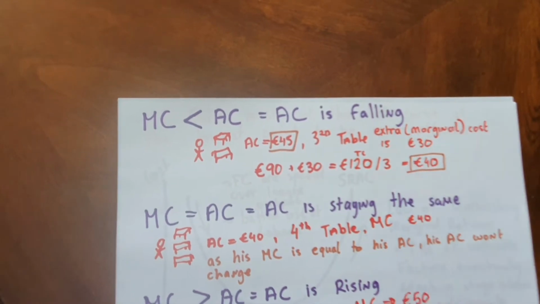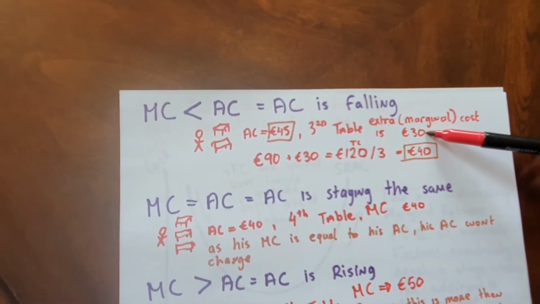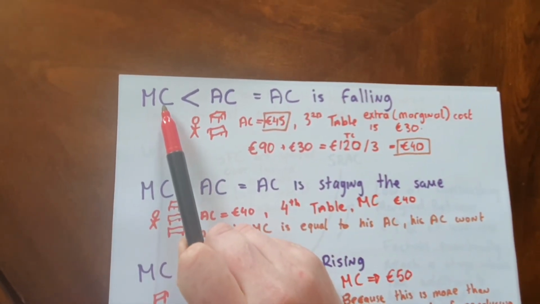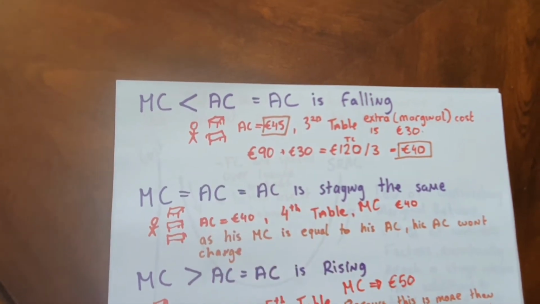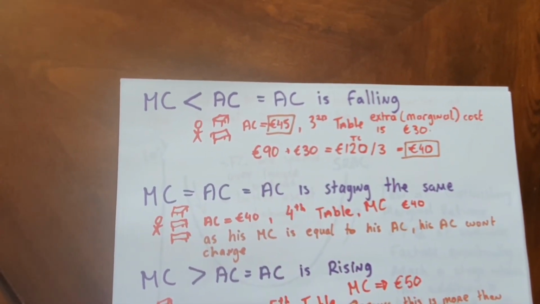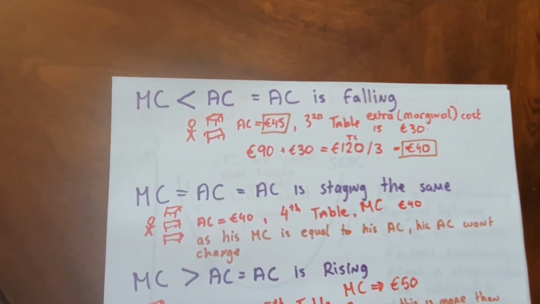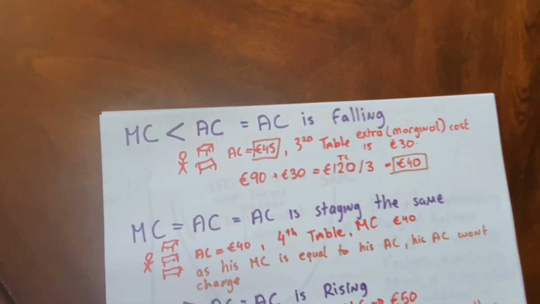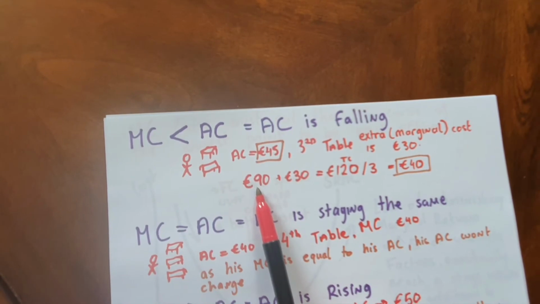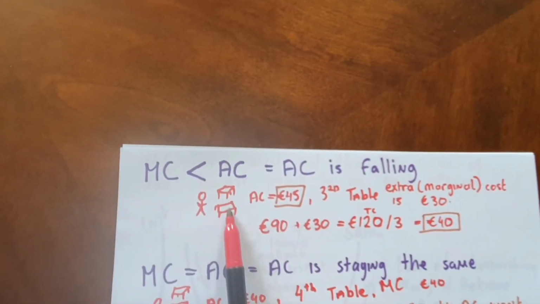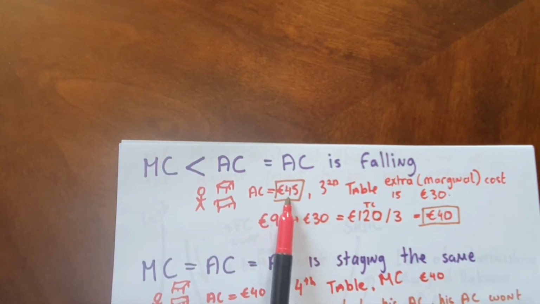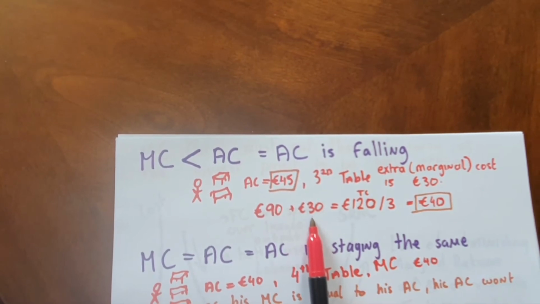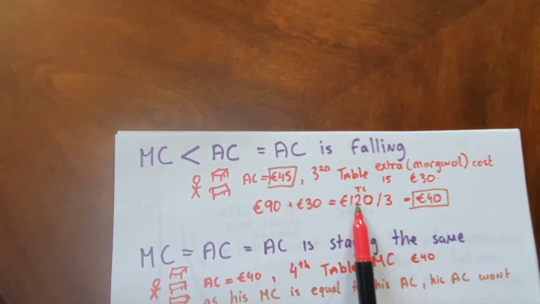So what does that mean? His marginal cost is 30. His average cost is 45. So his marginal cost is less than his average cost. That means that if he wants to make a profit, he can produce that table. To work out his new average cost, it's going to be our €90. Where do we get 90 from? He's currently making 2 tables with an average cost of 45, so we times that 45 by 2 to give us 90. We add on the marginal cost of making that 3rd table, and we get 120.